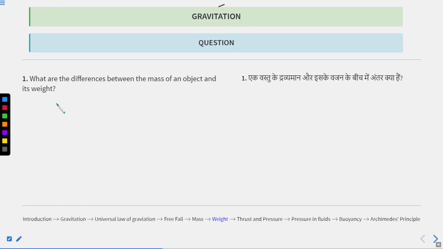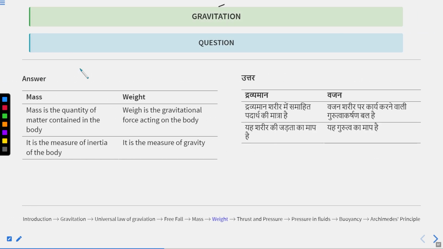This is a very, very important question. You have to write the differences between the mass of an object and its weight. Okay. This is a very important question. And the answer is, mass is the quantity of matter contained in the body.